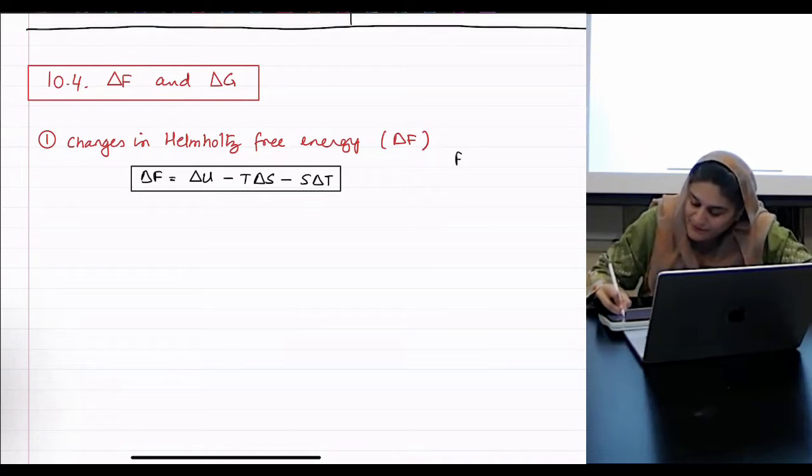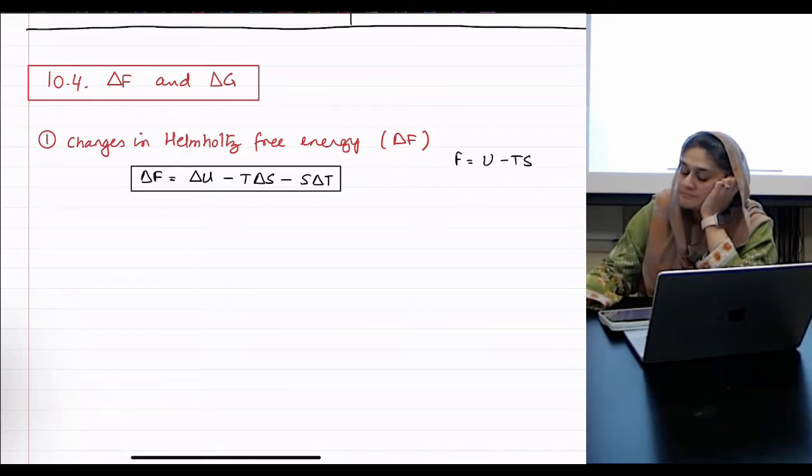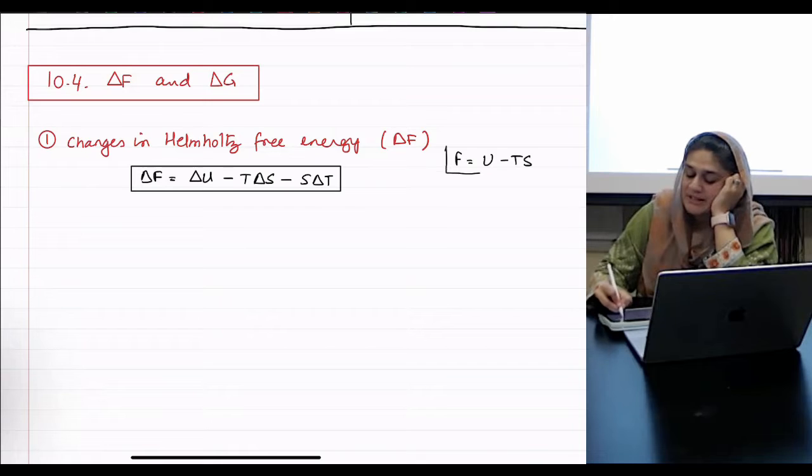My F was U minus TS. So then may I write the changes as that?